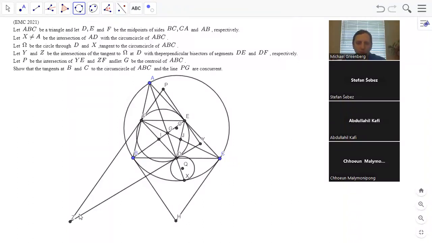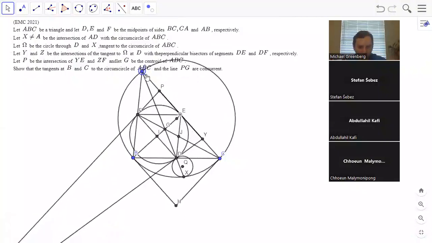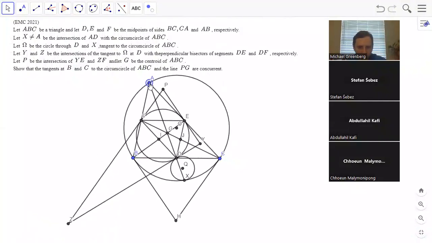Because we know that YZ is tangent to the small circle, but not... oh, but not the other circle. Yeah, I got confused. You're right. That's why I'm saying we need to show that the nine-point circle and omega are tangent. Okay.